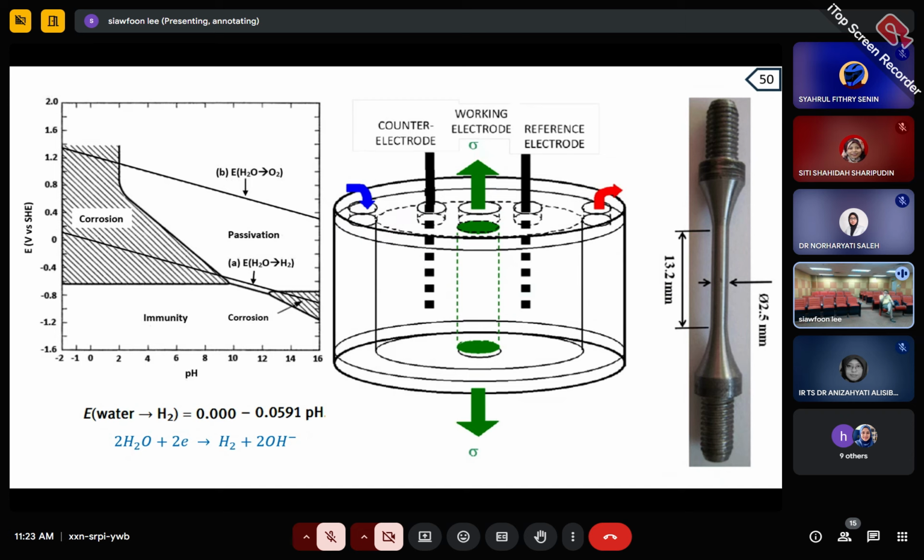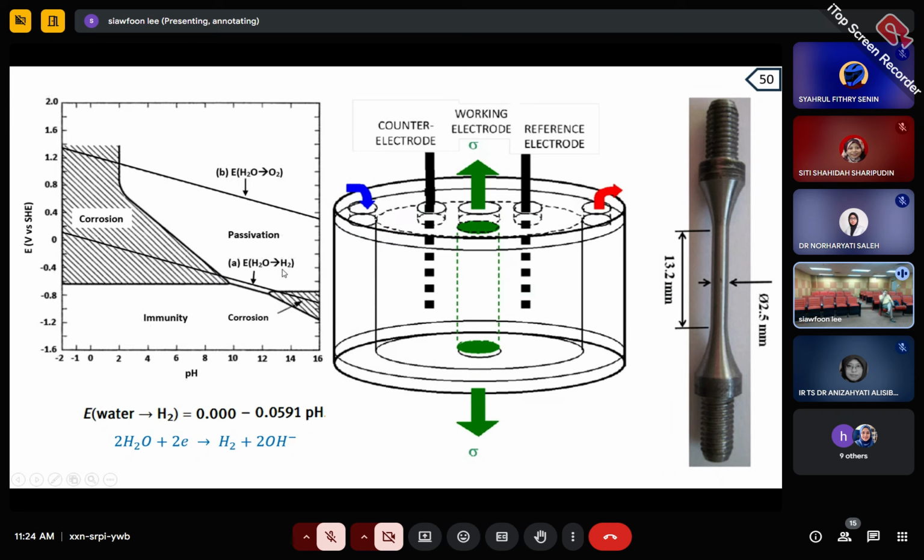This is for people who study cathodic protection. Cathodic protection means you tend to apply the potential more cathodically relative to the open circuit potential, but if you don't apply it carefully and go beyond this diagonal line, this is where the hydrogen gas is going to be produced.